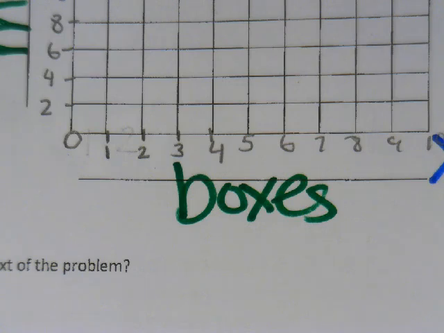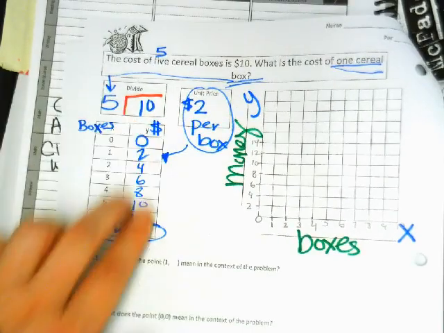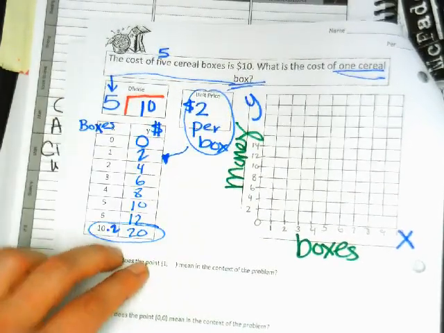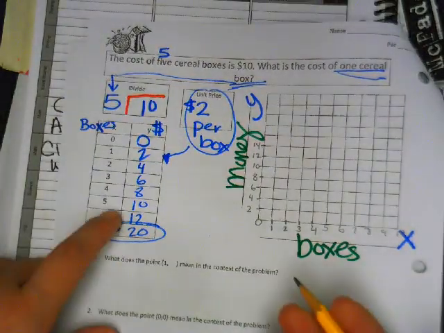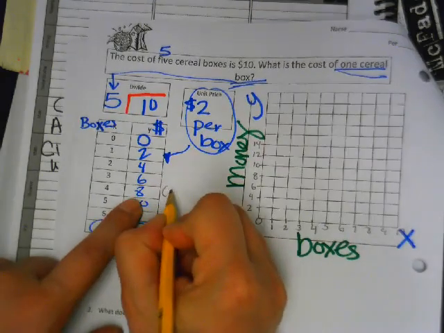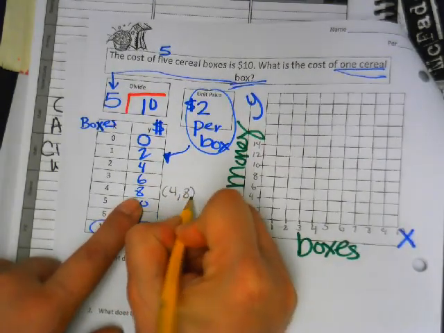Alright, now we get to graph. What do we graph? The numbers? The table, right? The unit rate and the table and whatnot. So you go on your table, and these are the ordered pairs. So this pair, I'll write it here because there's no writing next to it, would be 4, 8.